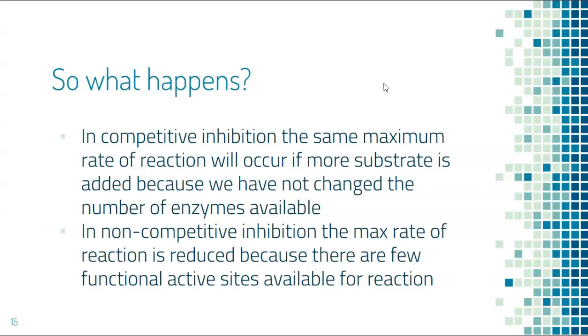So what happens? In competitive inhibition, the same maximum rate of reaction will occur if more substrate is added, because we've not changed the number of enzymes available. It's just going to be slower because the enzymes that are unaffected by this inhibitor will still be able to do the reaction. There's just not as many as there were before.